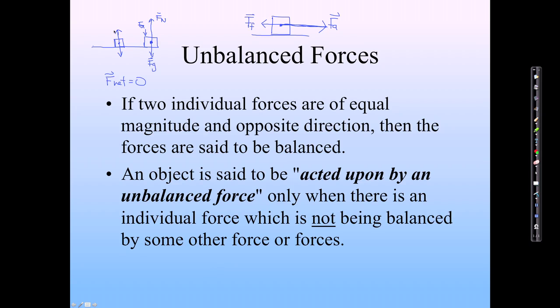Or if you add up this one up vector and the second down vector, then again, you end up with zero. And in this case, F net does not equal zero because this force is larger than that force, even though they're opposite in direction.